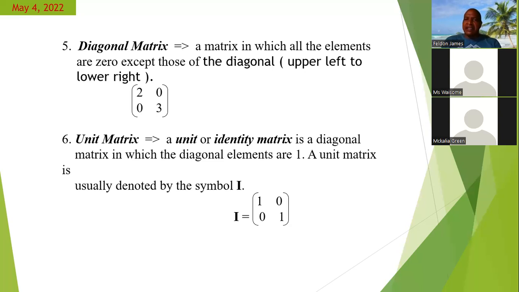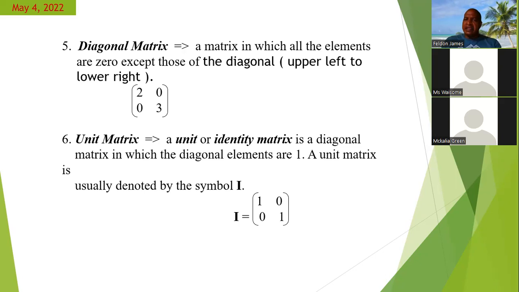Anybody remember what an identity is? We say 0 is called the additive identity. And why do we call 0 the additive identity? If you add 0 to a number, you get back the same number. We call 1 the multiplicative identity, because when you multiply 1 by a number, you get back the same number.